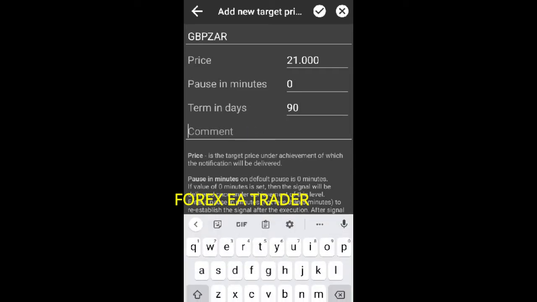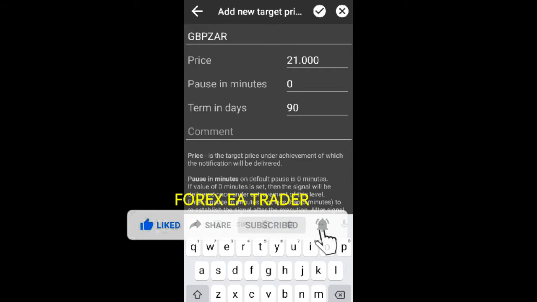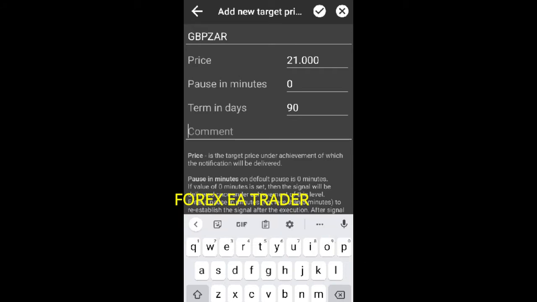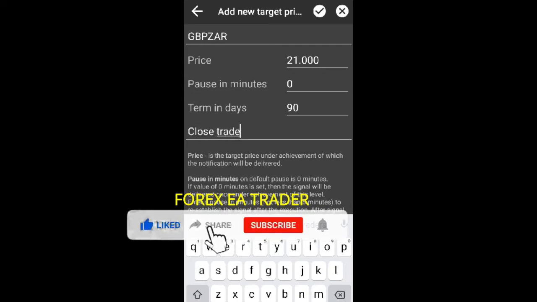You can certainly, because you are probably rushing around, you don't want to think too much about what to do. Probably you have this level, you are targeting this level, and you are already in a position. So the comment will just pop up. You probably say close trade.